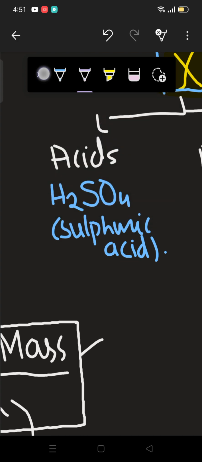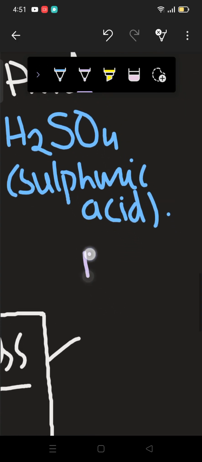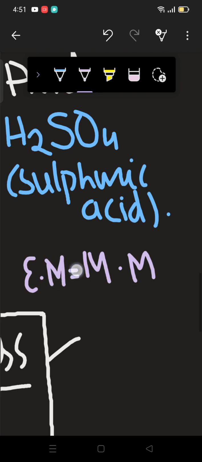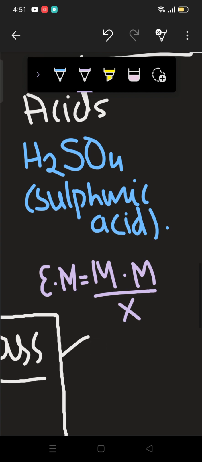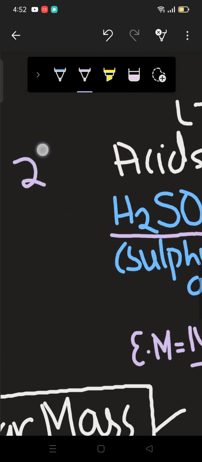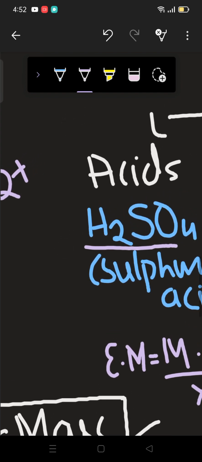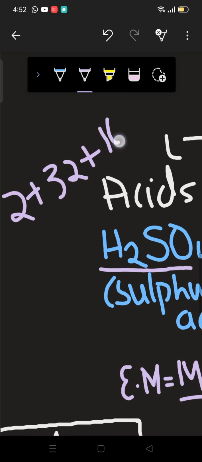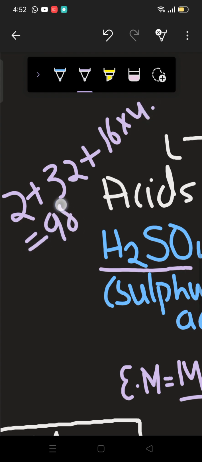Now see, what's the formula for equivalent mass? Equivalent mass is equal to molar mass per unit X factor, right? So the molar mass of H2SO4: H2 means 2, plus sulfur has a mass of 32 and oxygen has a mass of 16, so 16 into 4, which would be equal to 98.